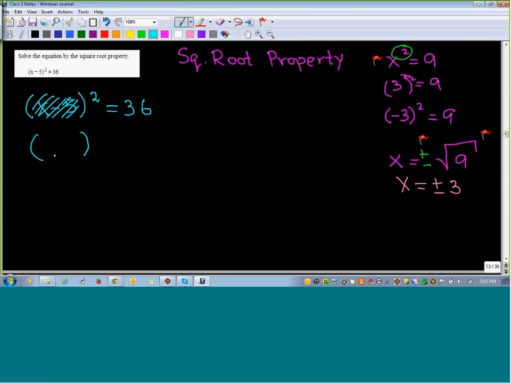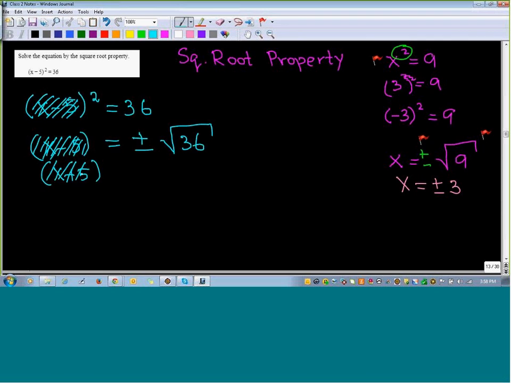I think something is wrong, let's see where. Yes, because it was x minus 5, and you're right, Liana, it was x minus 5. I solved this and I'm looking at 1 and 11, and I'm like, wait a second, negative 11 minus 5 is negative 16, and squared is not 36.